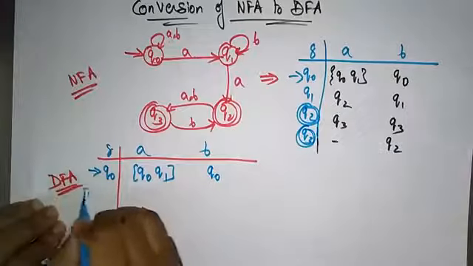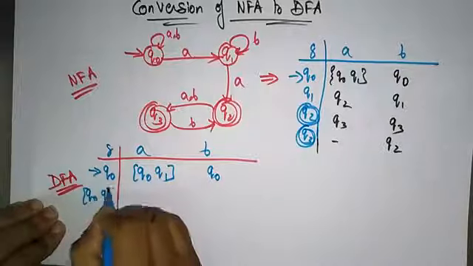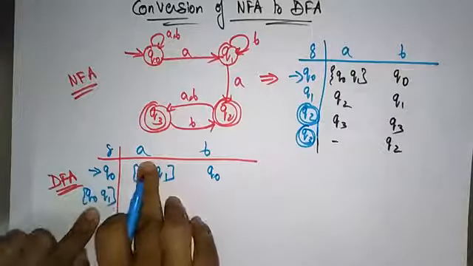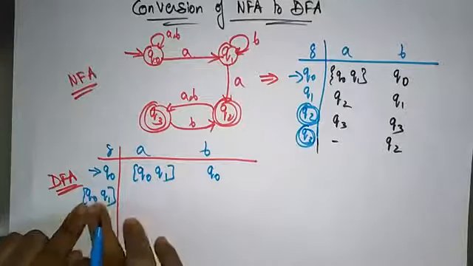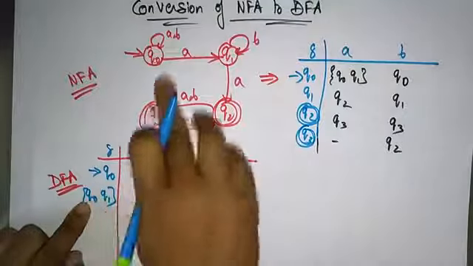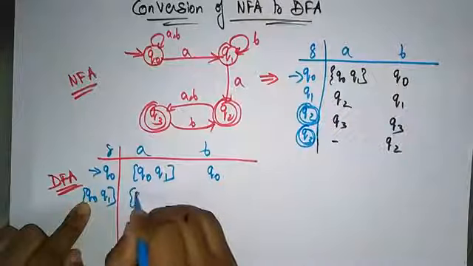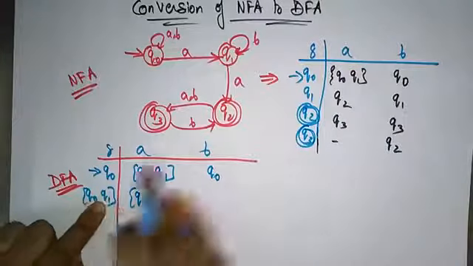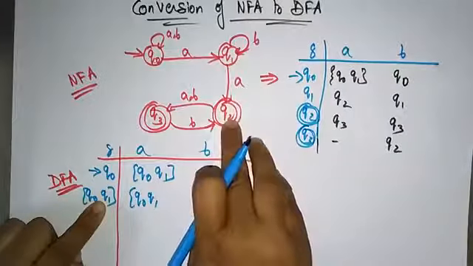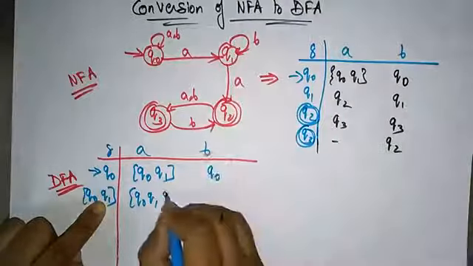So now this new state is my current state with input symbol A on it. What will be the next state? First take Q0 on A, which is Q0, Q1. And Q1 on A is Q2. So you have to union them.